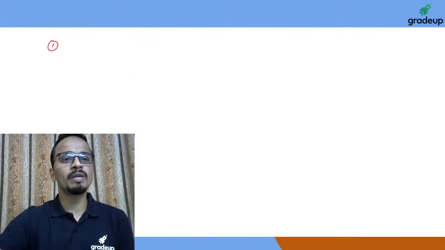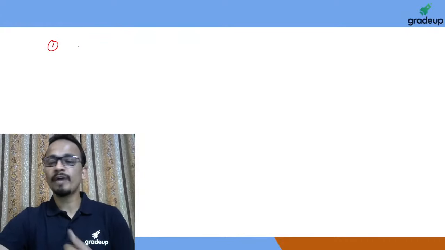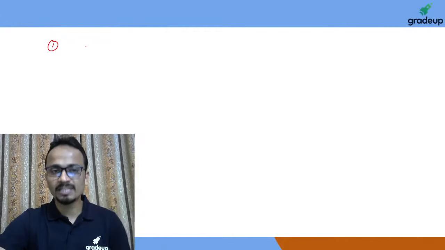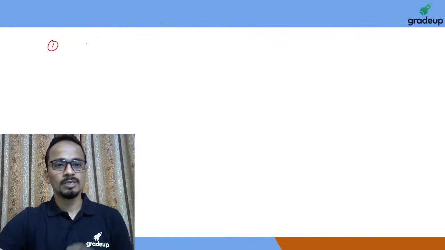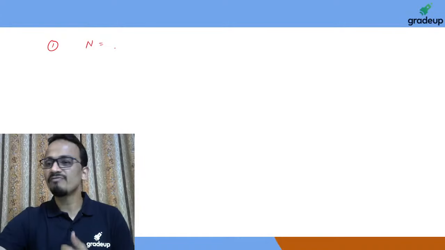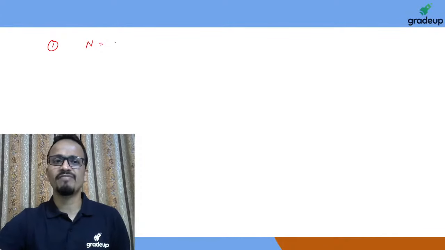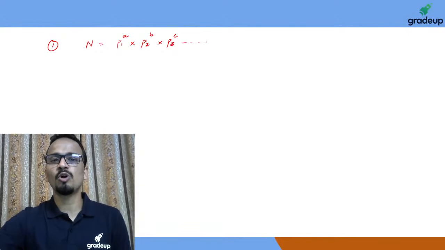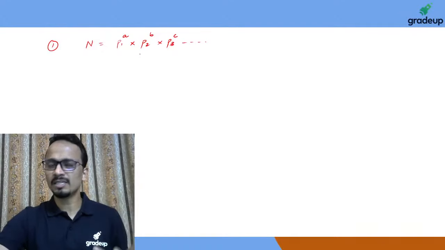The formula number one was how to find the number of factors of a given number. The first step was to write the number in prime factorization, or the product of prime factors. Let's say the number after converting to prime factorization is p1 raised to the power a, multiplied by p2 raised to the power b, multiplied by p3 raised to the power c, and so on, where p1, p2 and p3 are prime numbers.